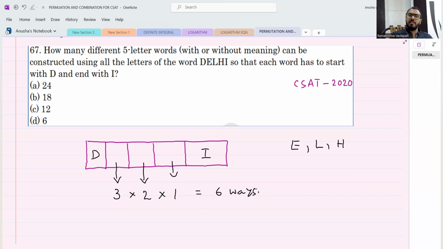Vowels do not come together, meaning vowels must be separated.